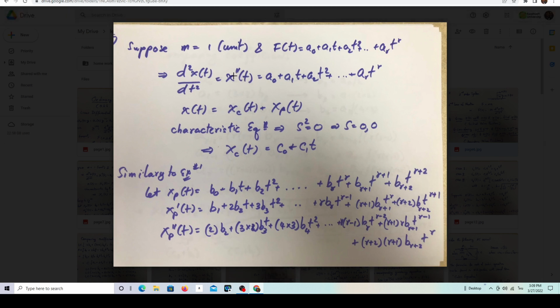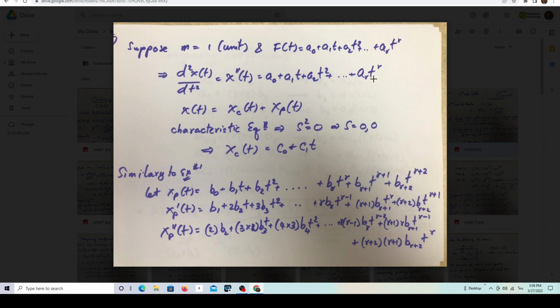The left-hand side is second order, equal to the force function. Since the force function is a polynomial of order r, to make the left-hand side resulting in a similar function to the right-hand side, you cannot have order r on the left-hand side. Because if you have order r and find the second derivative, you're not going to be able to compare the coefficients from t to the r and t to the r minus 1.